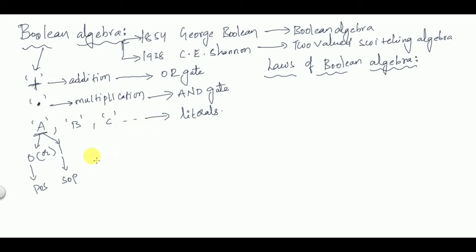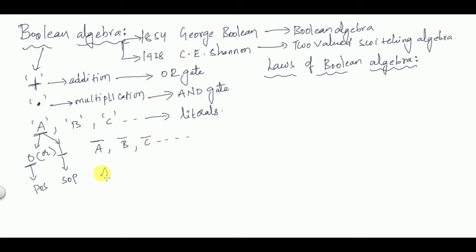So in order to represent the binary digits, either 0 or 1, in equation form, we are using these symbols A, B, C and so on, and each is called a literal. Literals may be in complemented form also. The complemented form we call A bar, B bar, C bar and so on.